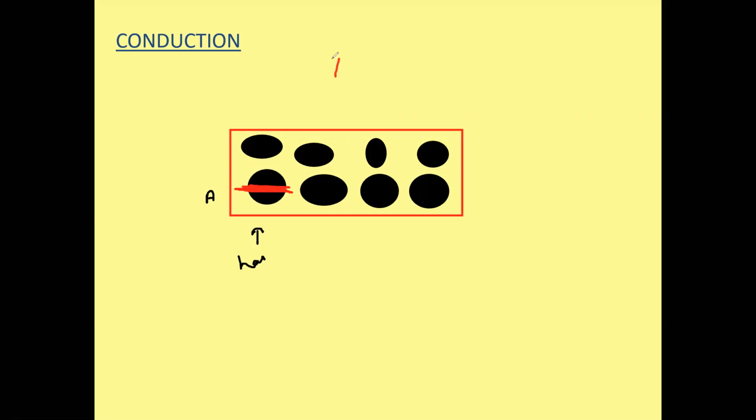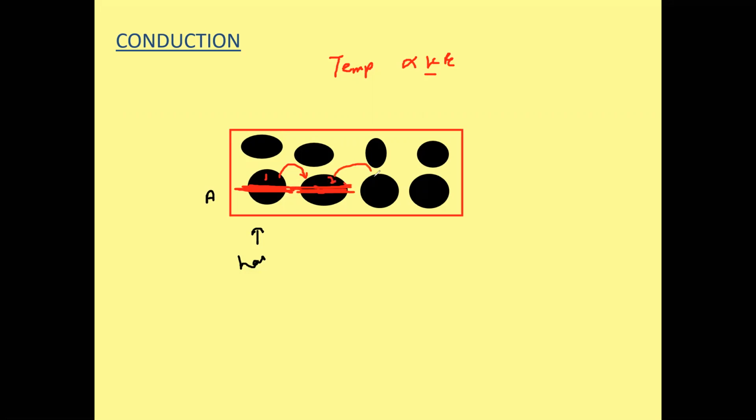As we know, as the temperature of the material increases, the kinetic energy will also increase. So this particle will vibrate, and as it vibrates, it will collide with the particle next to it. So particle 1 will cause particle 2 to vibrate because it is colliding and transferring the energy.